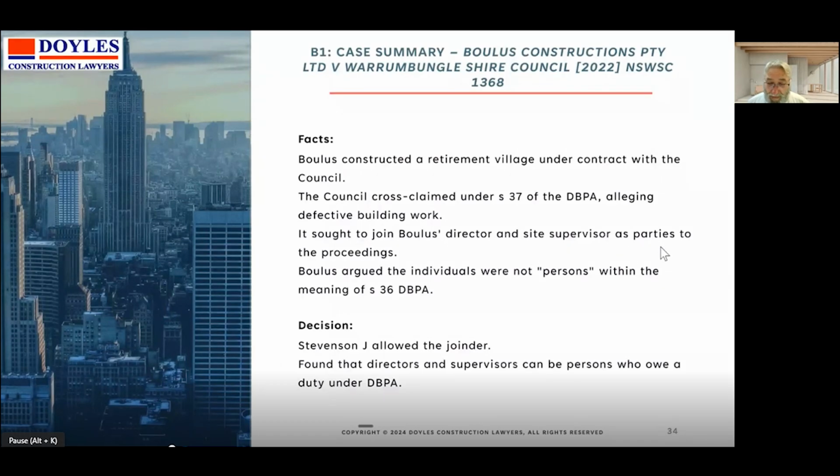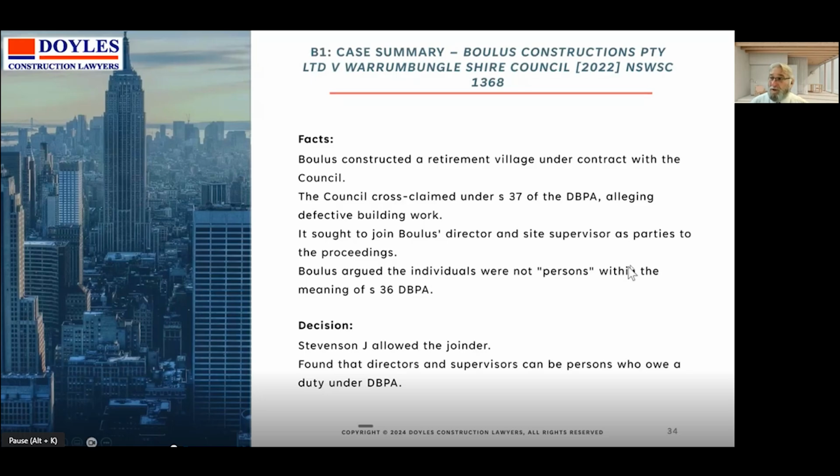Presumably they were doing that because the original building company wasn't very substantial and perhaps didn't have any insurance that would respond. So in order to put some pressure on the resolution of the case, they sought to join the particular people. And Doyles, who was the defendant in it, objected to that and argued that the individuals are not relevant persons within that meaning.